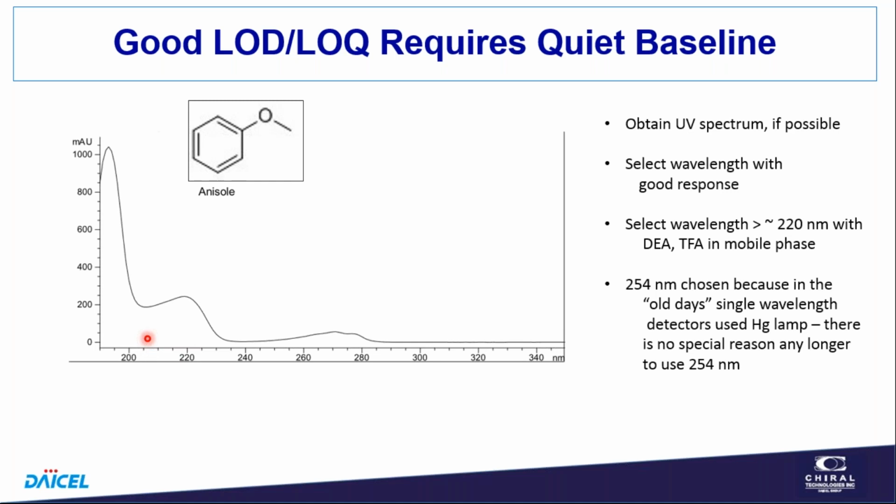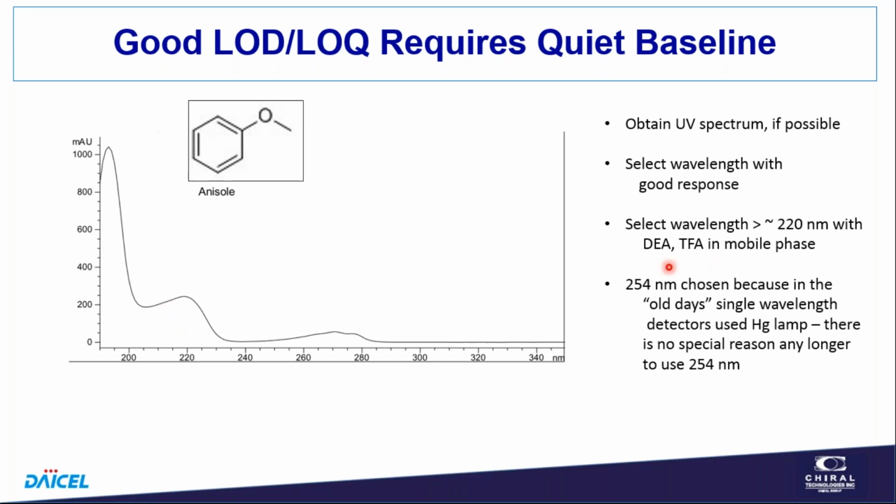They won't, but we usually want to use a wavelength a little longer than, say, 200 nanometers or 210 or something like that. It's above the UV cutoff of the mobile phase, and it's also not in a region where everything absorbs. So you're not going to have as many bumps in the baseline.